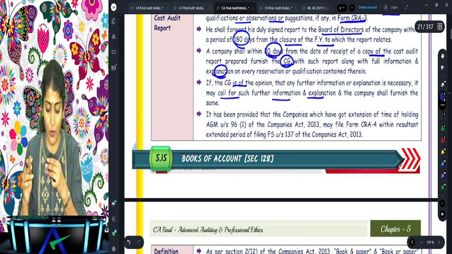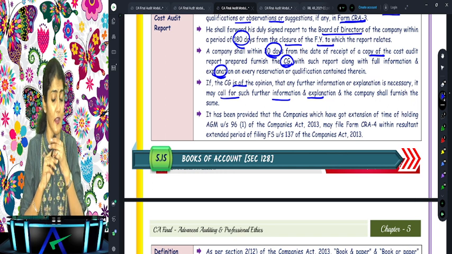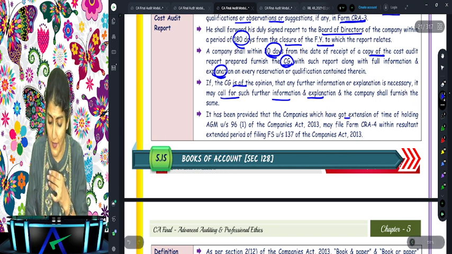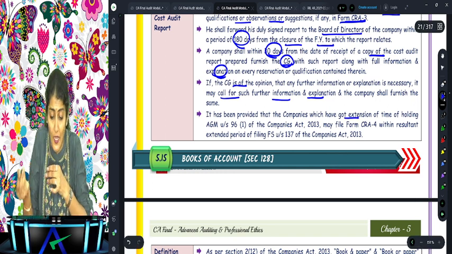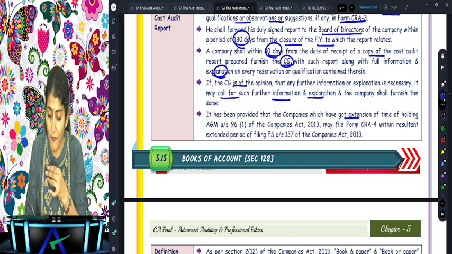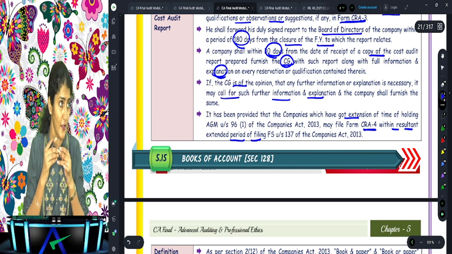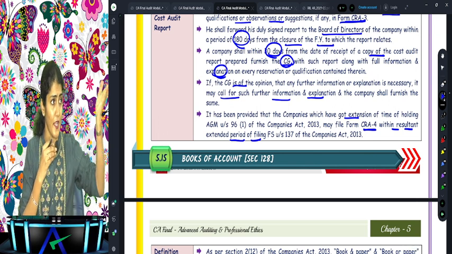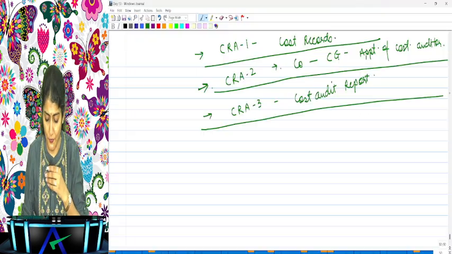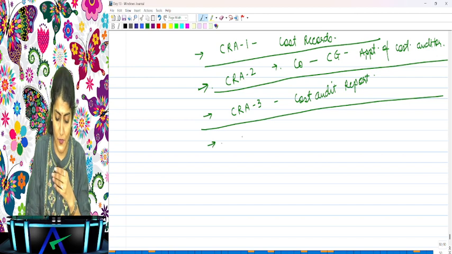If the company has got an extension of time for holding the AGM, it may file the form CRA 4 within the resultant extended period of time, right? So if you got an extension for filing of financial statements, you also have an extension for filing of the explanations to the cost audit report. So what is CRA 4?